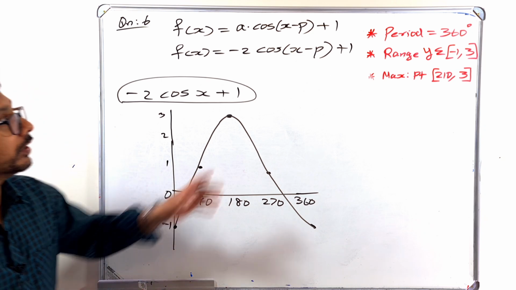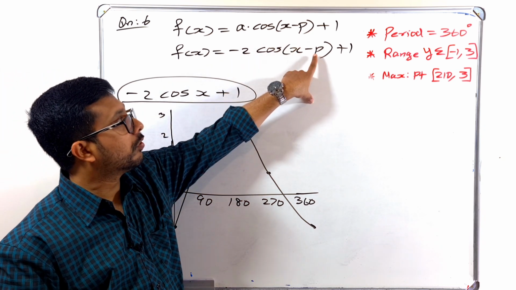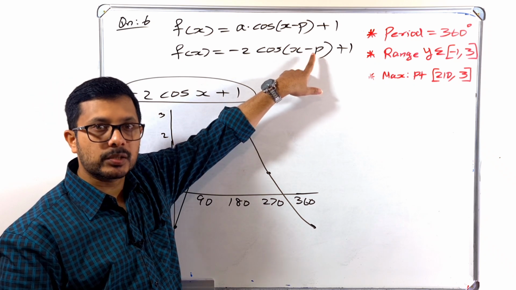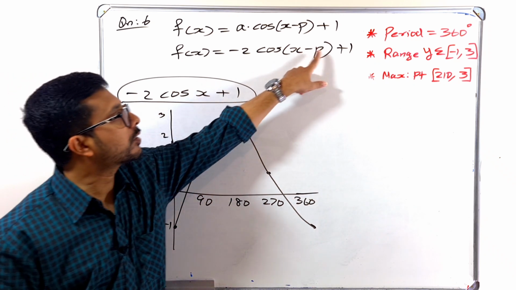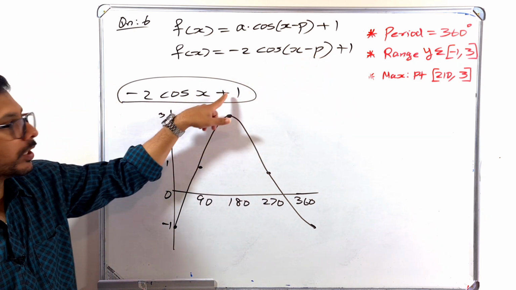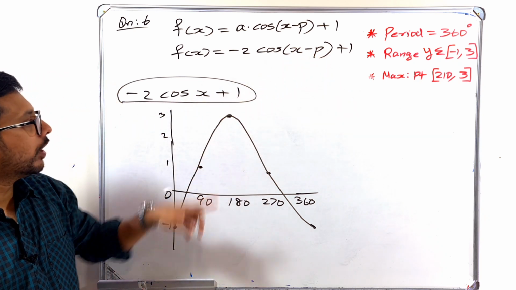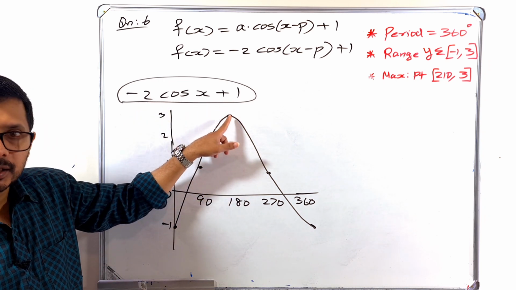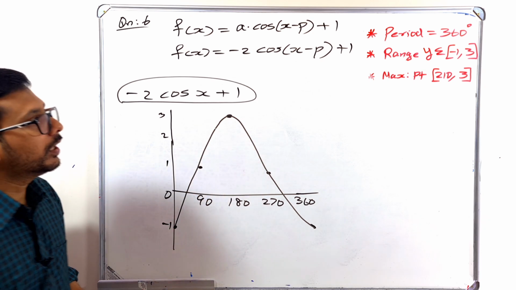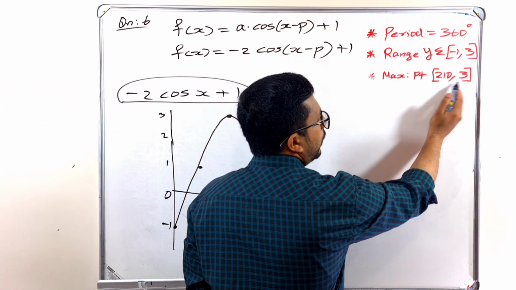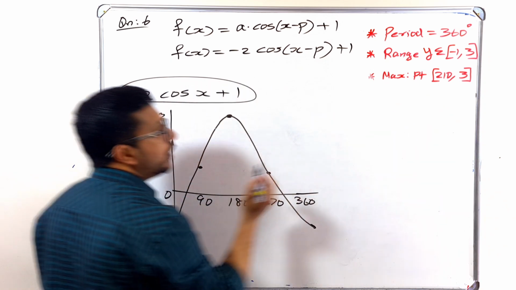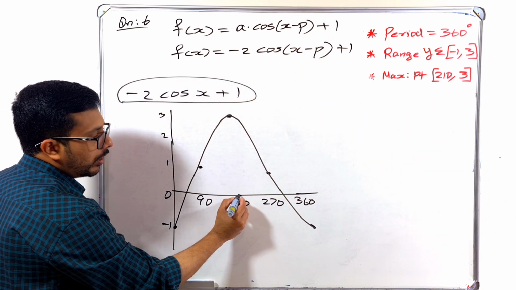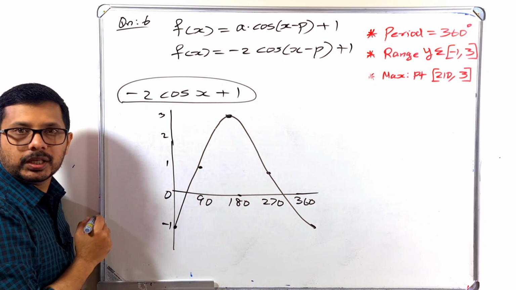Okay, but don't forget that here our graph we are supposed to draw minus 2 cos x minus p. Without that minus p, minus 2 cos x plus 1. In this case, what is the maximum value? It is 3. You understand? Okay, but look at the question. Here when it is 180, the maximum value is 3.